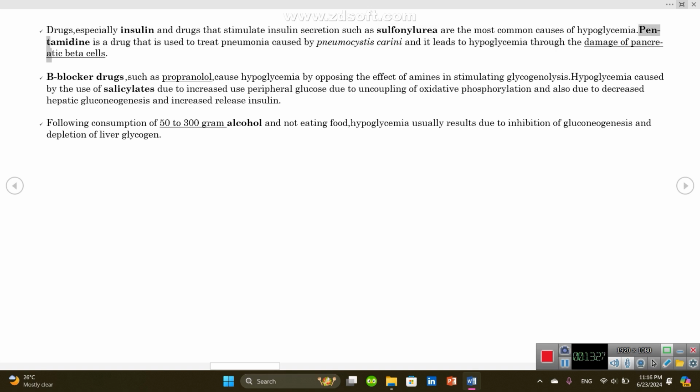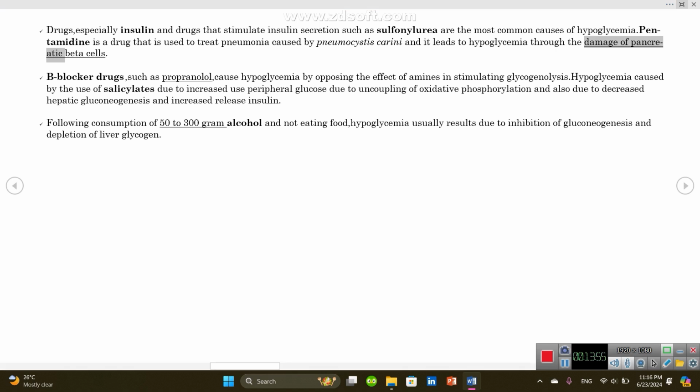Pentamidine is a drug that is used to treat pneumonia caused by pneumocystis carinii, and it leads to hypoglycemia through the damage of pancreatic beta cells. So, some drugs can damage beta cells in the pancreas, like pentamidine.